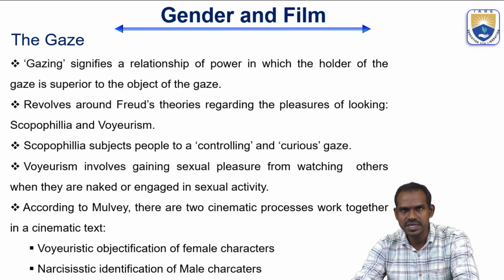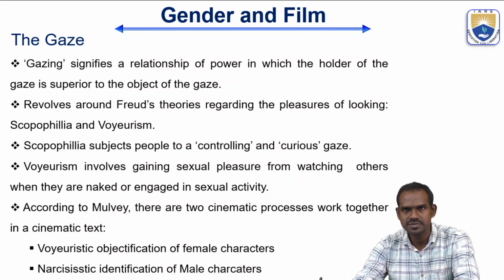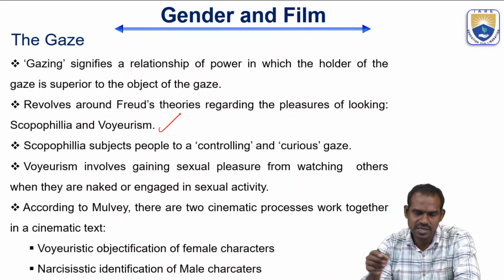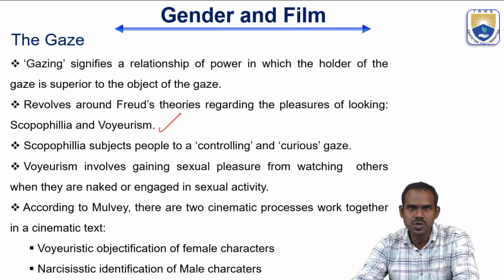The holder of the gaze is men and the object of the gaze is woman. So who is superior? The holder of the gaze, or gazer, is superior to the object of the gaze, meaning men are superior to women according to film or society's perception. It revolves around Freud's theories regarding the pleasure of looking. Freud's theories explain scopophilia and voyeurism.